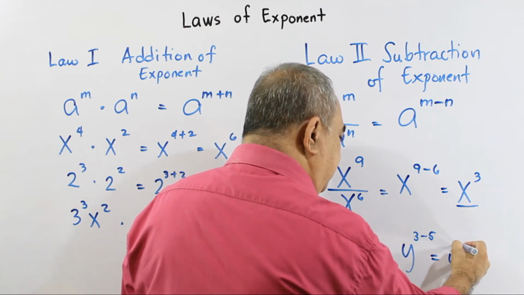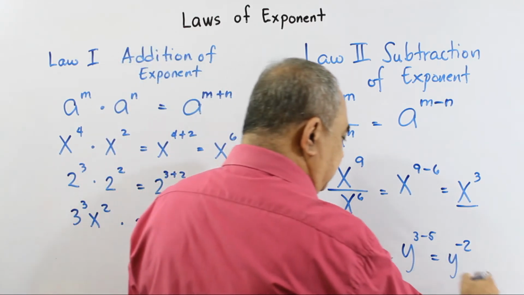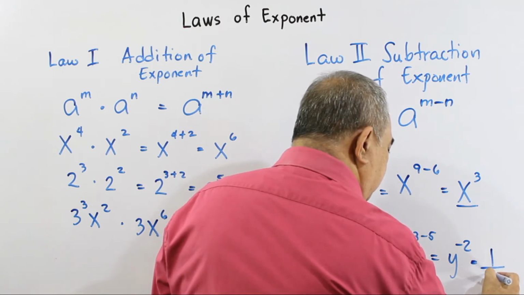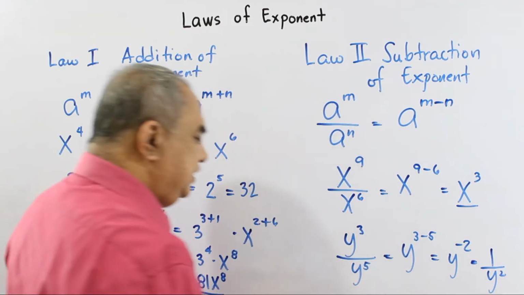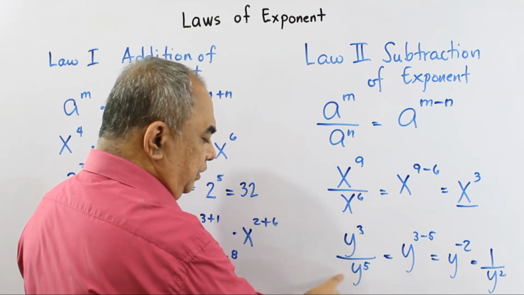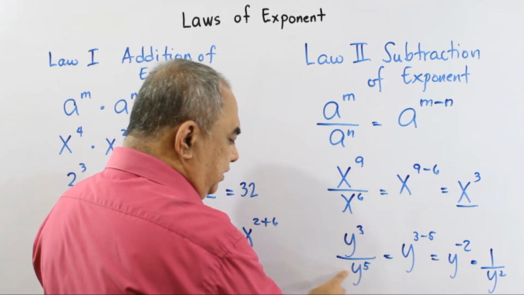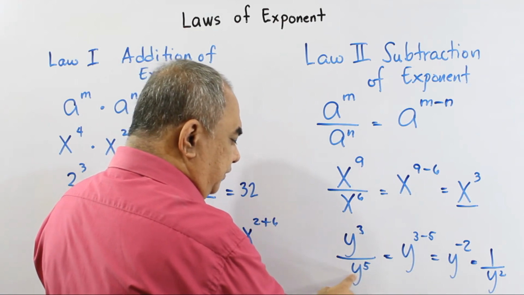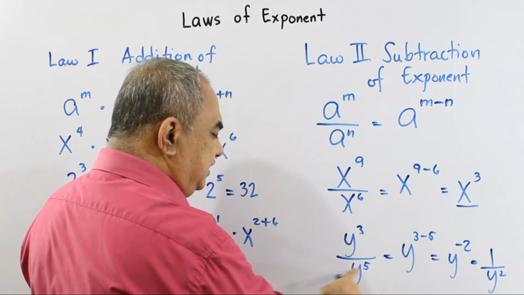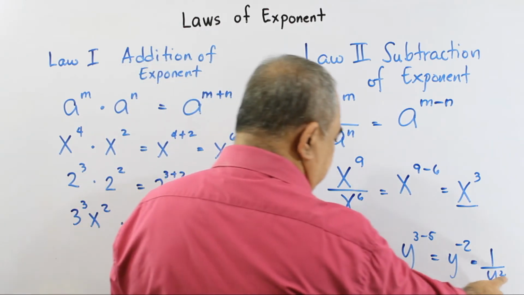So y to the negative 2. Okay, so to make this positive, we simply put this in the denominator. So it's going to be 1 over y squared. Or in simple terms, we simply subtract them. Then we put the variable with exponent of 2 where the bigger exponent of the variable is placed. So in this case, your y to the fifth is in the denominator. That is why your final answer, your y, is in the denominator.